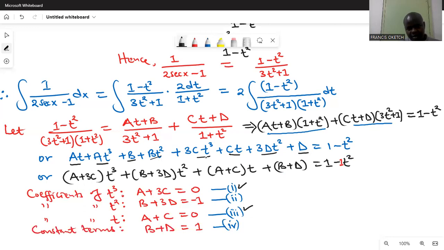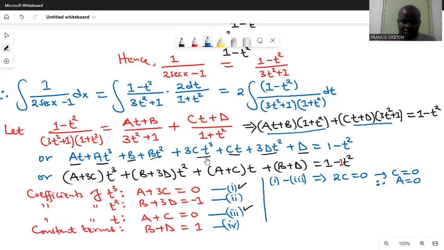If I take equation 1 minus equation 3, what will we get? It is a minus a, that is 0, and 3c minus c is 2c. So 2c equals 0, which means c equals 0. If I substitute in equation 1, because I know c is 0, a will also be equal to 0.